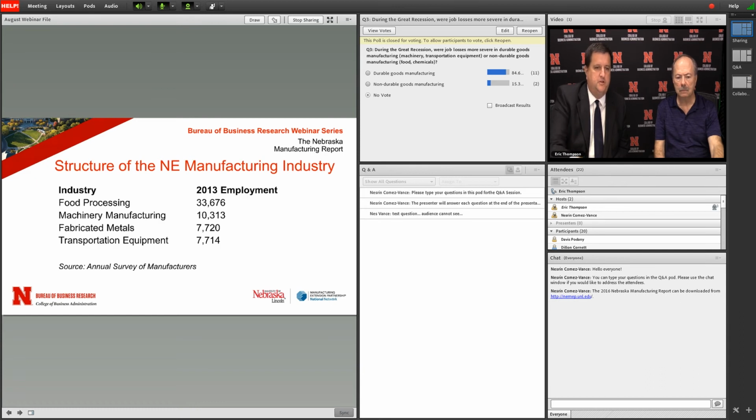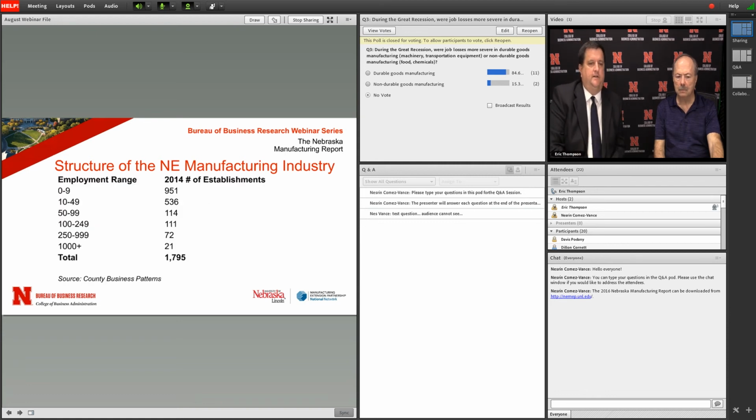Just a few numbers to back up those statements. You can see about just shy of 100,000 manufacturing jobs overall. About a third of those are in food processing. A little more than a tenth are in machinery manufacturing, and about a 12th are in either fabricated metals or transportation equipment.